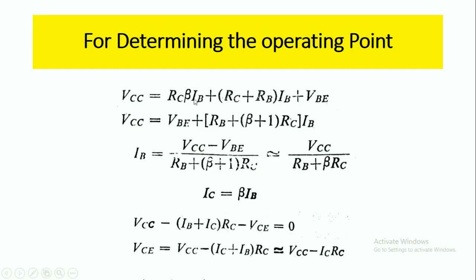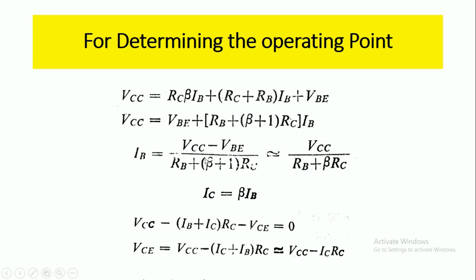So VCC equals RC (beta IB plus IB) plus RB IB plus VBE. From this we get VCC equals VBE plus (RB plus (beta plus 1) RC) into IB.